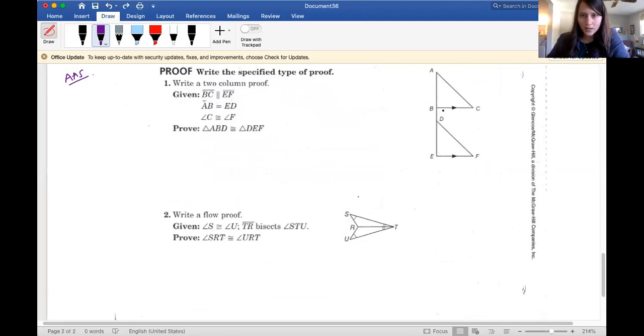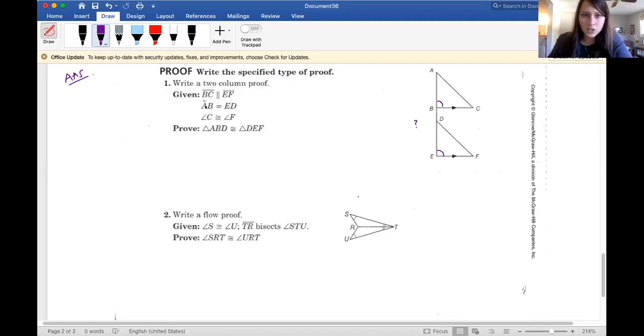Looking at this, I've got BC and EF being congruent. I only have one transversal that cuts through both parallel lines. So as I'm thinking through, I'm guessing that I might have two corresponding angles and they're congruent here. I'm just guessing, I'm not sure.